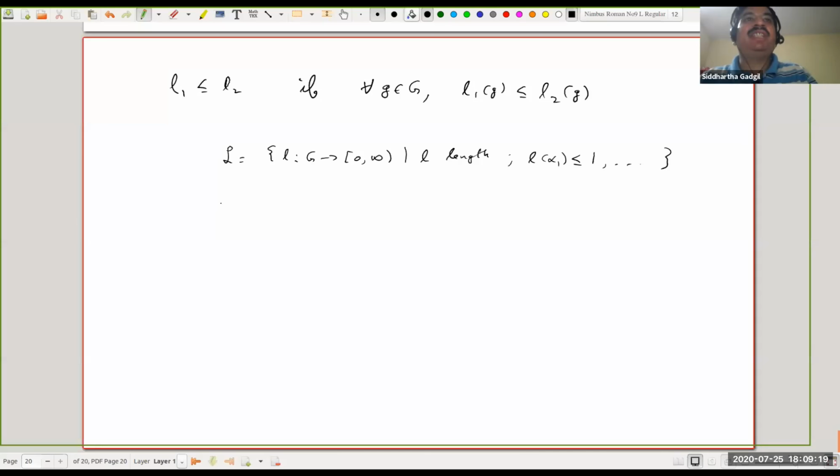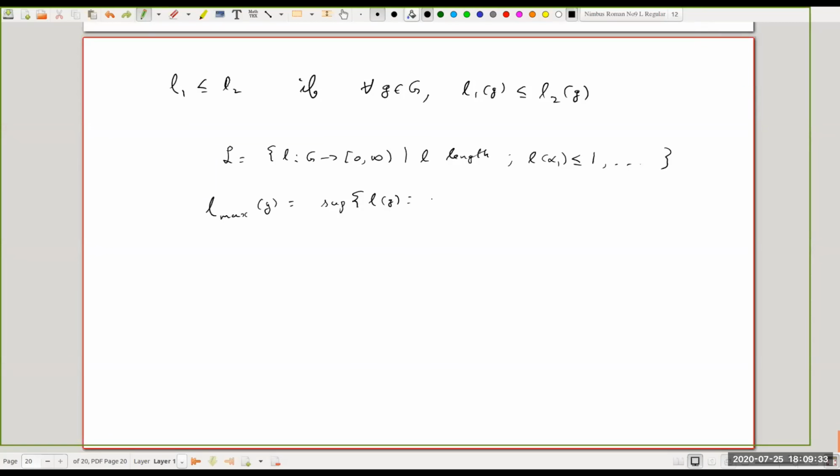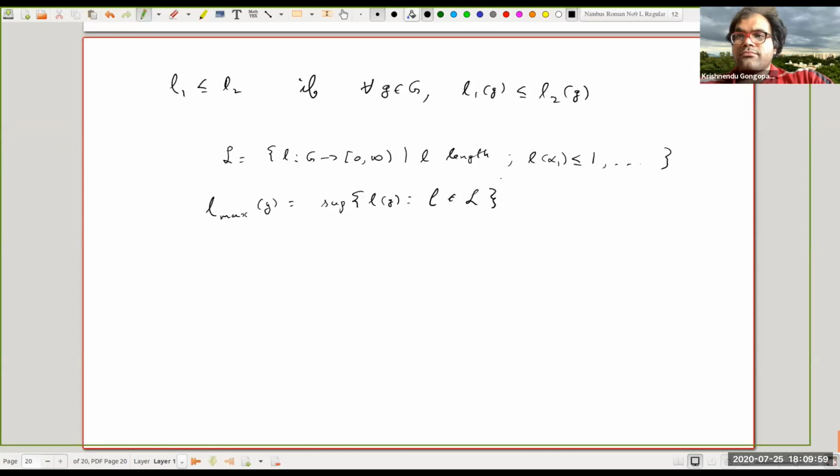For each point g, you define L max of g as the supremum of L of g, where L is in the script L. This turns out to be the maximum. The maximum exists, since this is bounded by the triangle inequality. Maximum is with respect to this naive partial order, meaning pointwise maximum. This is only a partial order, but there is a maximum. All right, thank you.